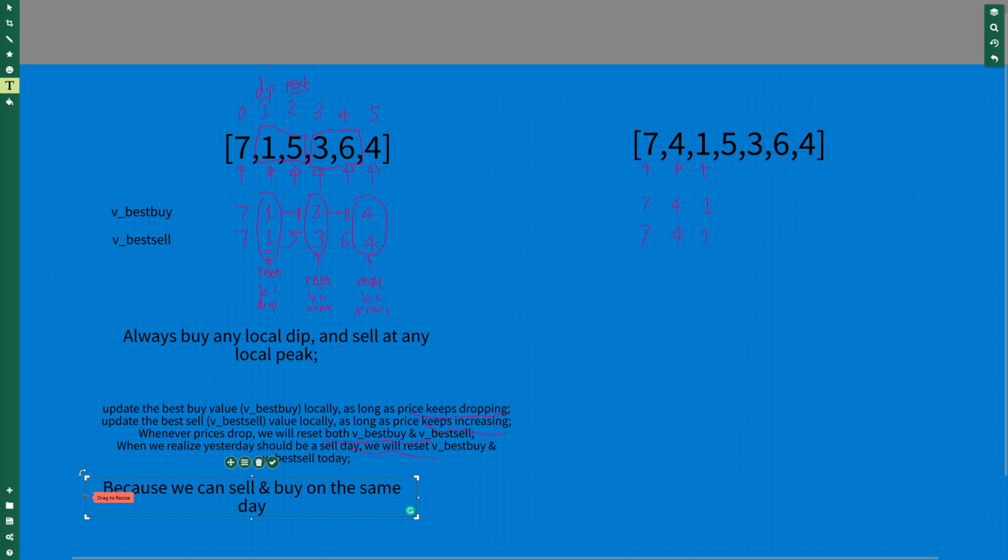Does it incentivize doing that? I don't think anything incentivizes doing that. It's almost like you sell it at the same price and then you buy it again. What's the point, right? It's like you're still holding it, right?